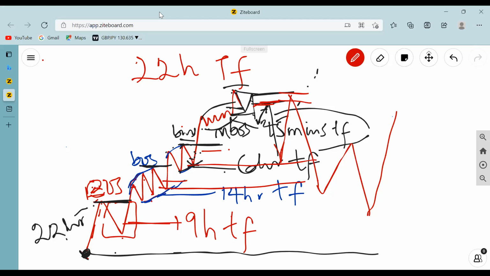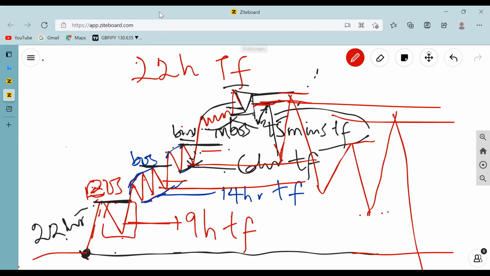All right. So we can get to the 19-hour and use that to induce liquidity. Let's say that one may come and mitigate somewhere around there. And then we can start targeting. After the 19-hour structure is broken, we can now start targeting the major low, the 22-hour low, external liquidity.